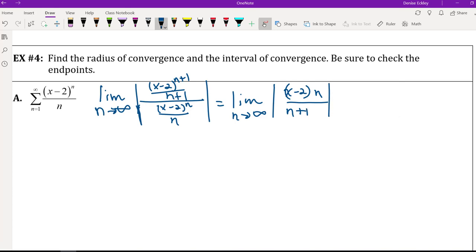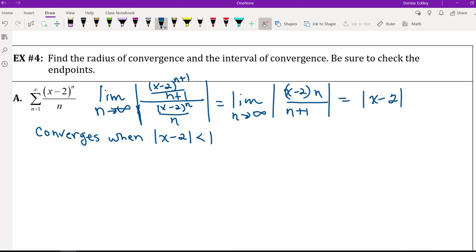And now we're going to take the limit of this, and when we do, we get the absolute value of x minus 2. Now remember that the series will converge if this is less than 1. So this converges when the absolute value of x minus 2 is less than 1. That's the way our ratio test is set up.